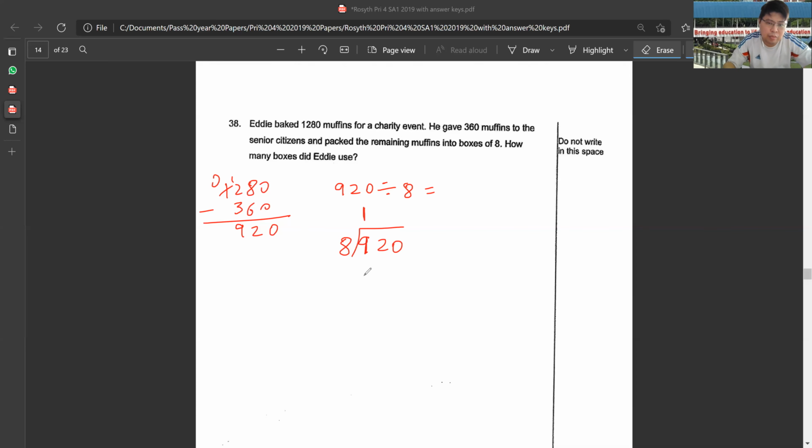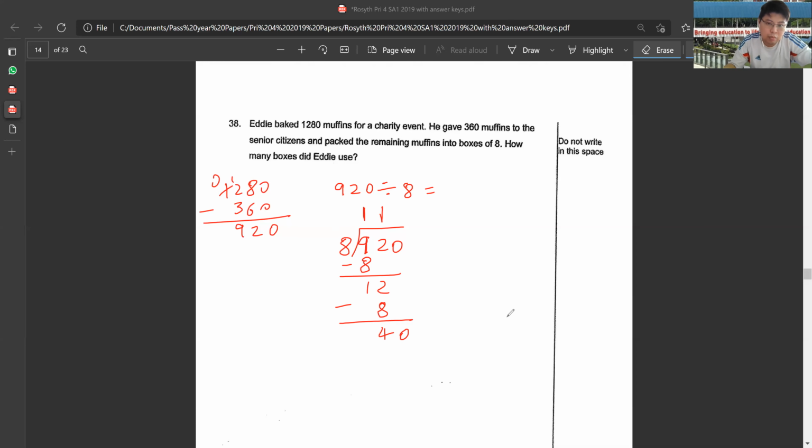Then what must I write here? Put 8, then minus, equals 1. Then bring down the 2. Then it's 12. 8 goes in once. Then we put 8 at the bottom. 12 minus 8 equals 4.